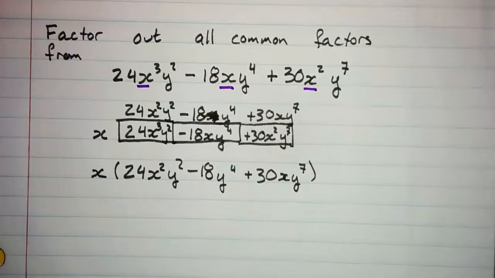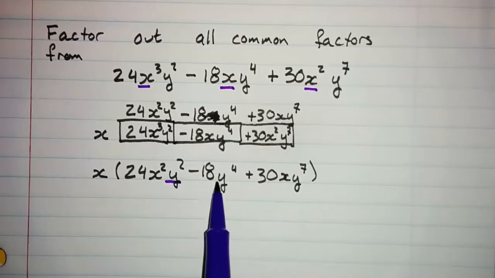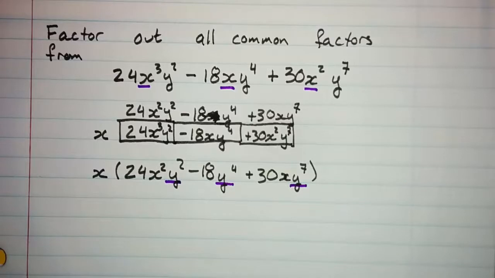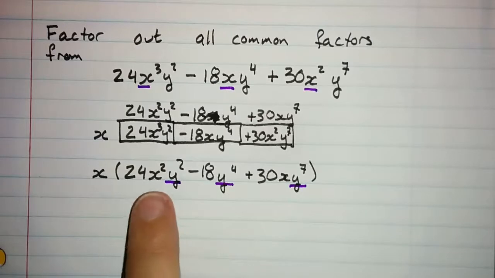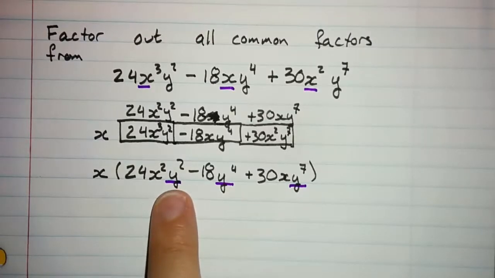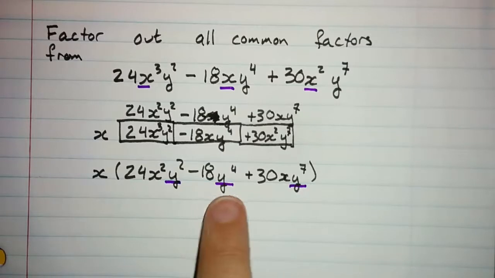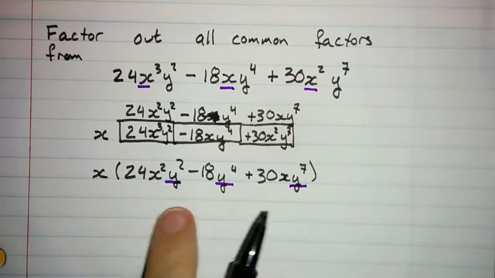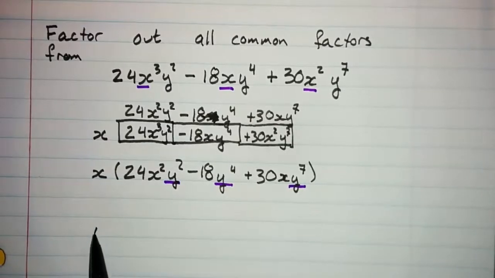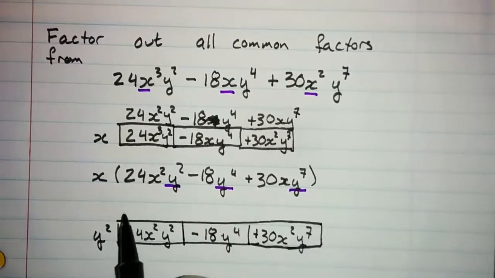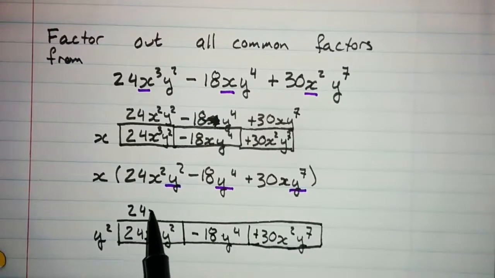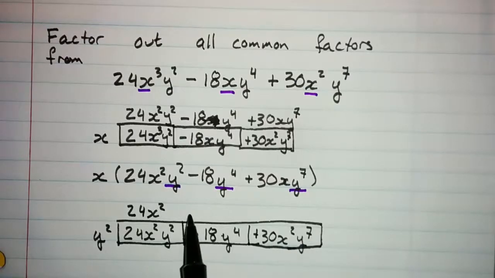seventh. Now I also see that every term has a y in it. And I think that I can divide every term by y squared, but I couldn't divide this term by y to the fourth. And I certainly couldn't divide either term by y to the seventh. So next I want to divide my remaining polynomial by y squared. 24x squared times y squared gives me this term.